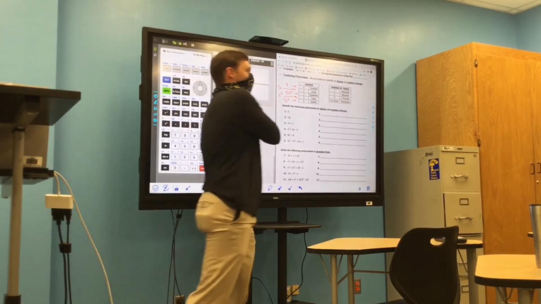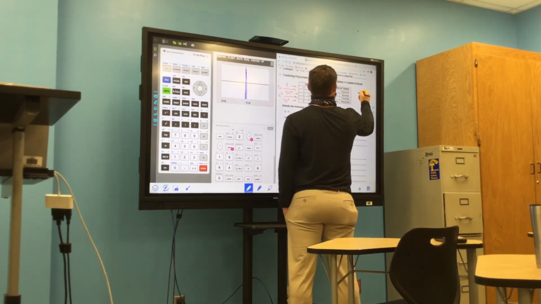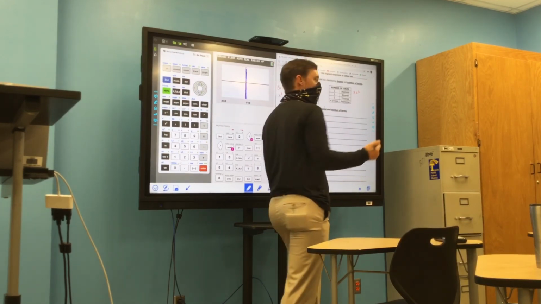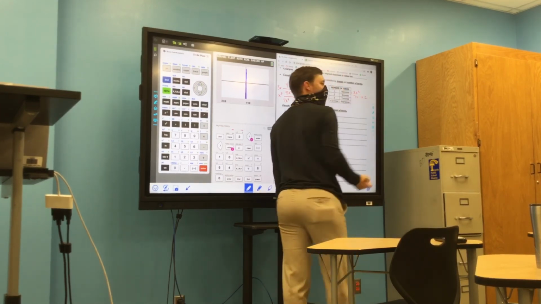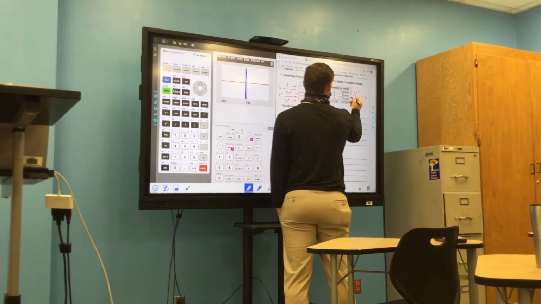The other parts are going to be your number of terms. A monomial could be something like 3x squared. It's only one term, so that's a monomial. The binomial would be something like 7x plus 2. That plus 2 is our second term, so that's a binomial.